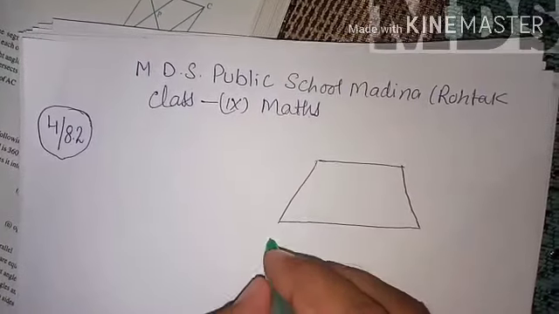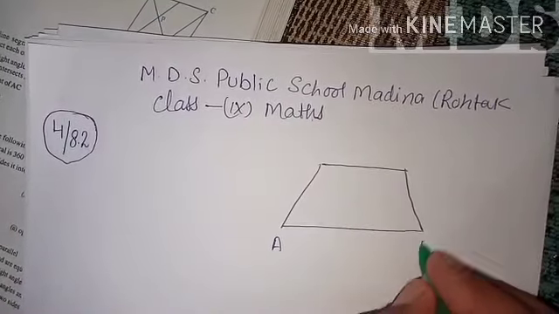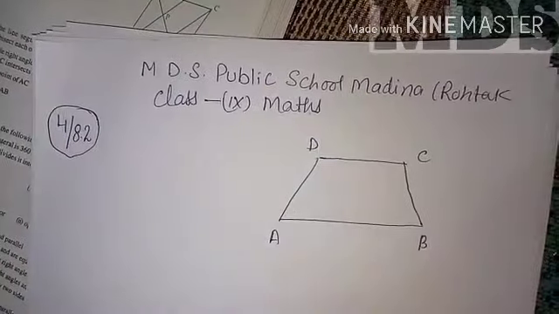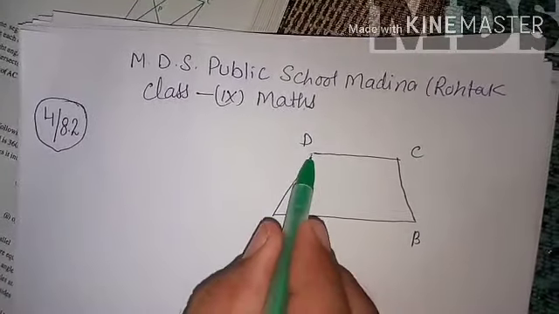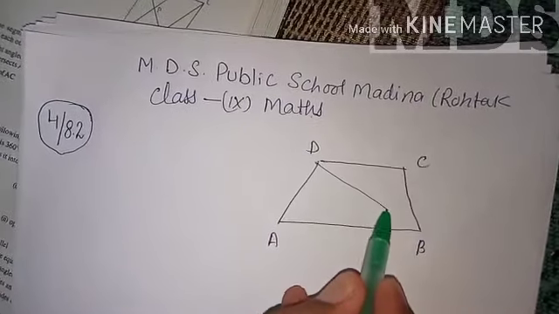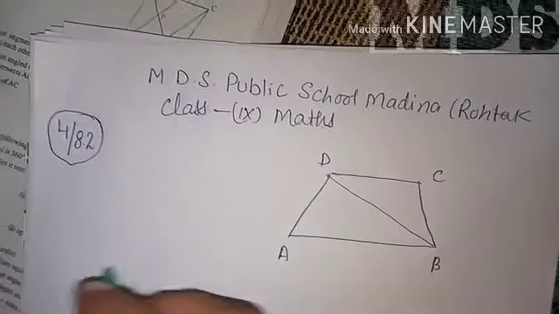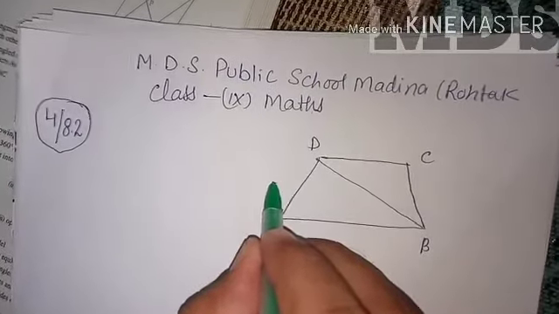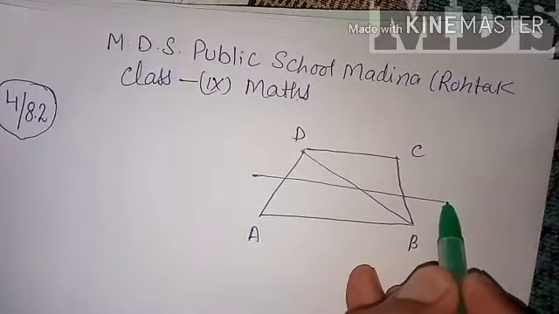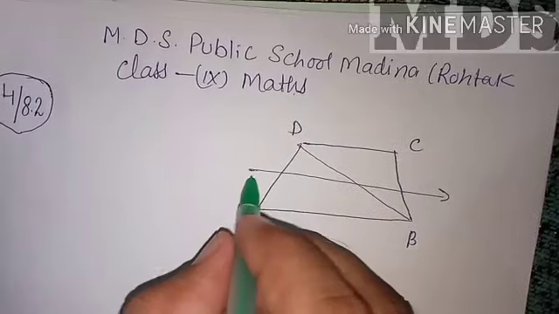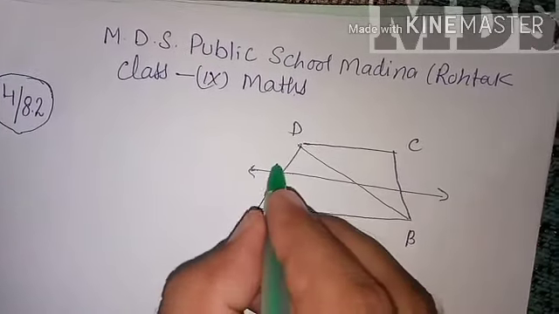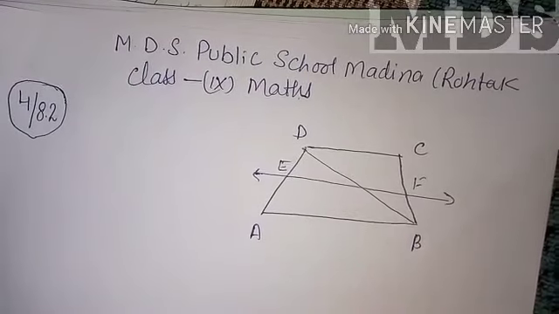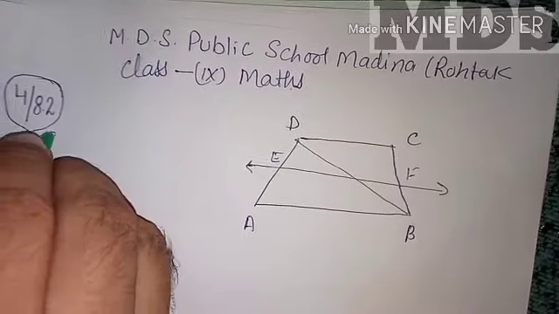ABCD is a trapezium, and this is the line. What's its name? This name is E and its name is F. And what's given? First you can write given.